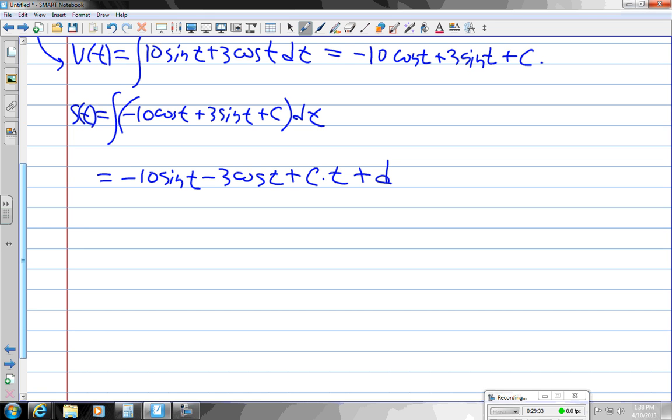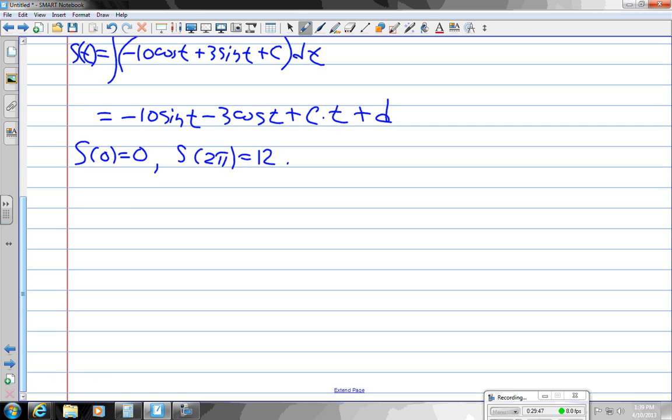Now, since we have 2 pieces of information, we know this, and we know that, I can find those constants. Okay? I can solve for c and d. So for example, s of 0, that means -10 times sine of 0 minus 3 times cosine of 0 plus c times 0 plus d equals 0.